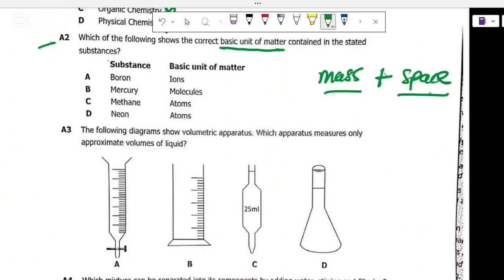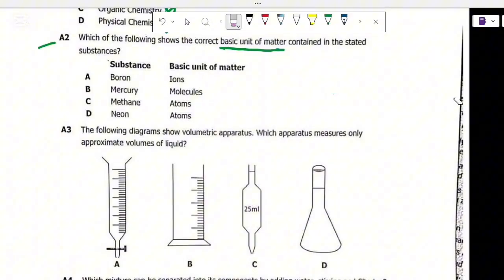So when you're talking about matter, you are talking essentially about physical substances. These are substances that you can touch or feel. The fact that you can touch them shows that they occupy some space, and also you can measure their mass. So anything that has mass and also occupies some space is what we call matter.